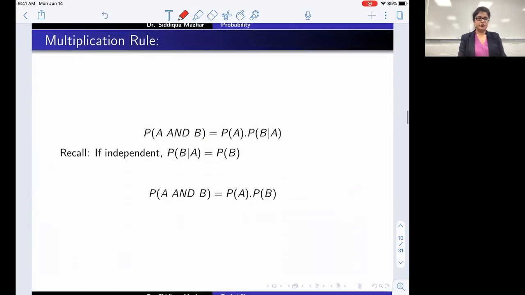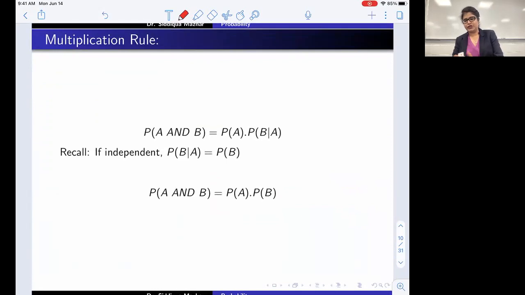So this leads to the general rule of the multiplication rule. If you are doing successive trials, the probability of A and then B, this is not addition anymore, because in the addition rule we are looking for the probability of A or B in a single trial, but here we are doing multiplication.